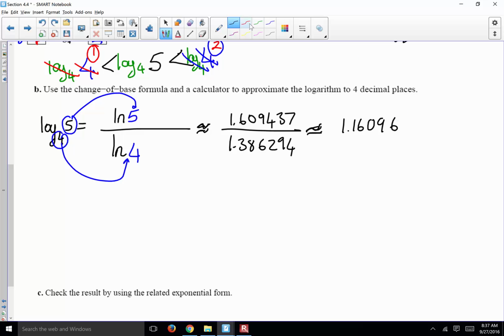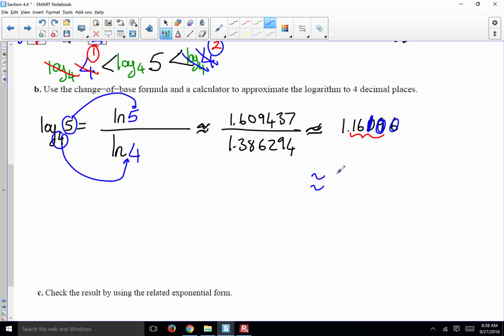And they want 4 decimal places, so you need to round this up. 96 becomes 100 when you round it up. So it's 1.1610.